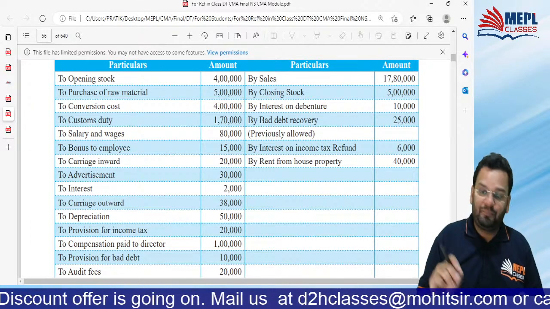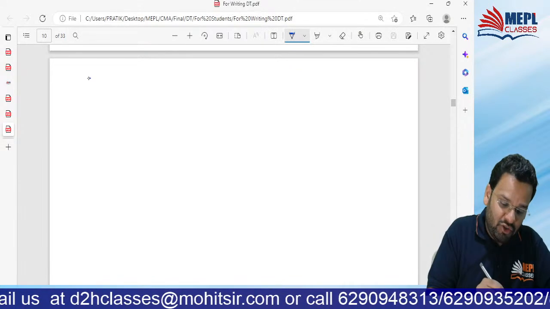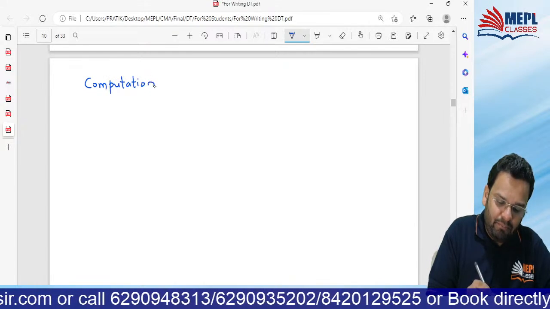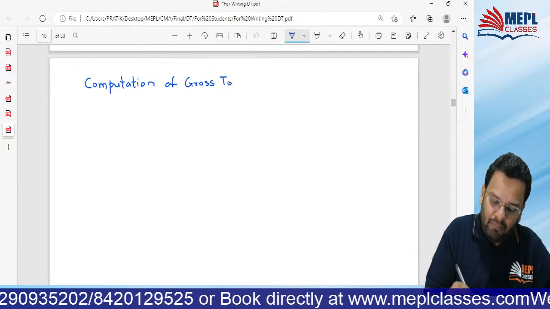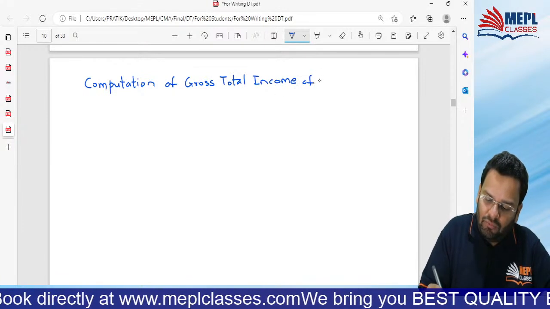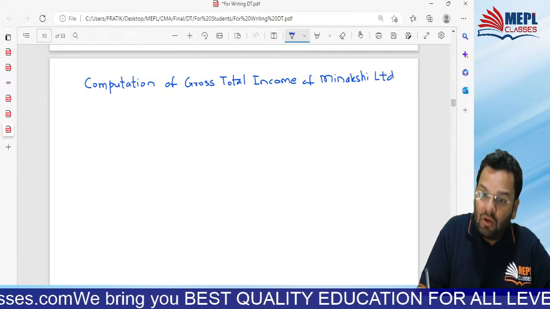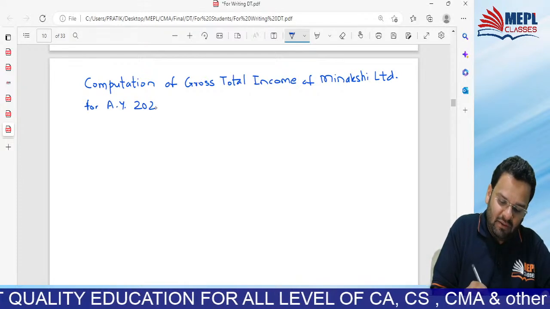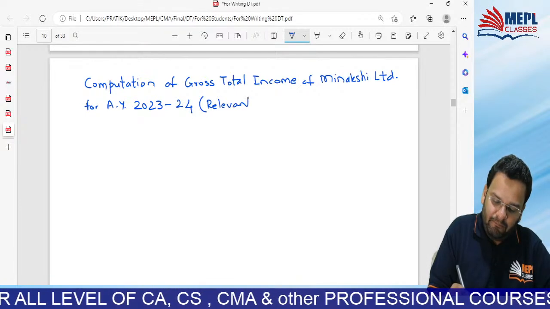Are you all ready to solve the question? So we should always give the heading systematically. What is asked is computation of gross total income. Computation of gross total income of Meenakshi Limited for assessment year 23-24, which is relevant to previous year 22-23.